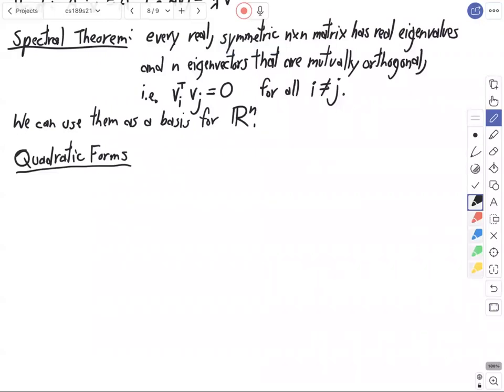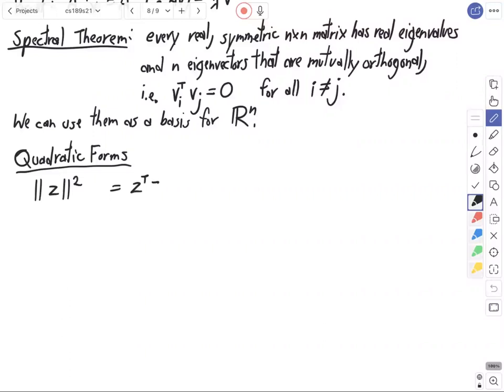So what I'm going to do is show you some images where we compare two different functions. The first one is just the function z squared, meaning you've got some vector in space z, and if we plot z squared, we're just going to get a nice paraboloid. I'll show you in a second.